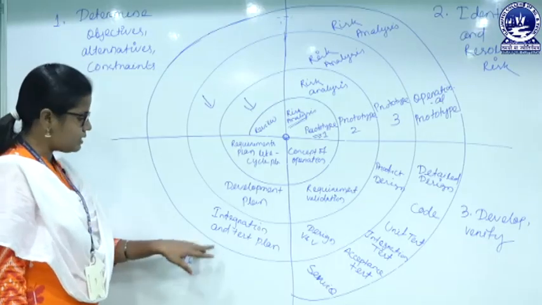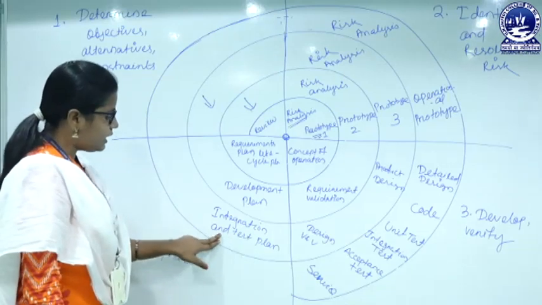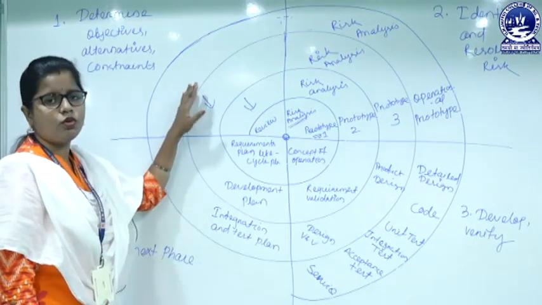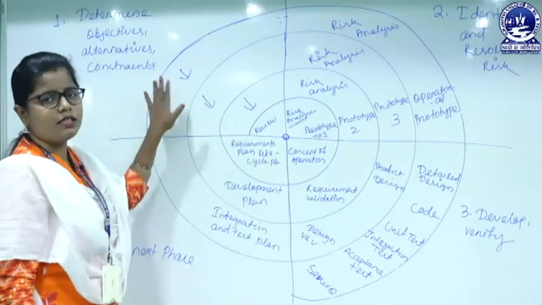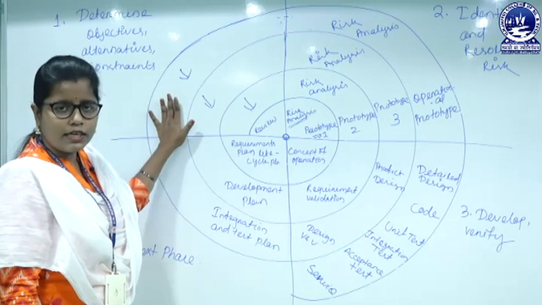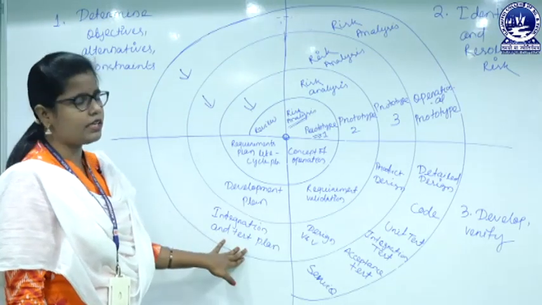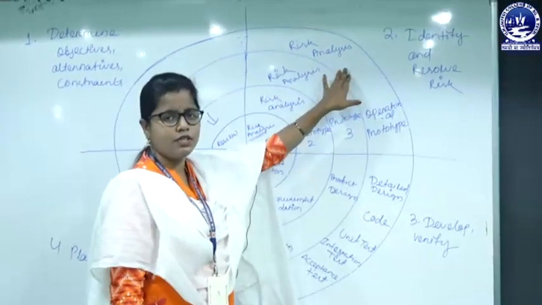Plan for the next phase, that is integration and test plan. So in the integration and test plan, again we will go for determining the objectives, the alternatives and the constraints here. Then after getting the alternatives or after getting the solution for the integration and test plan, then we will go for risk analysis, that means here.